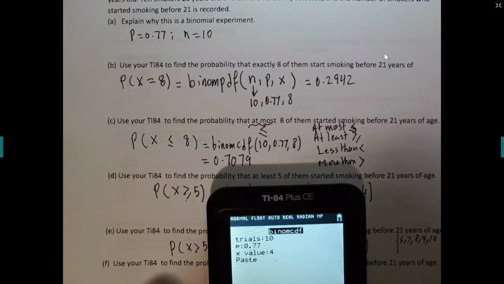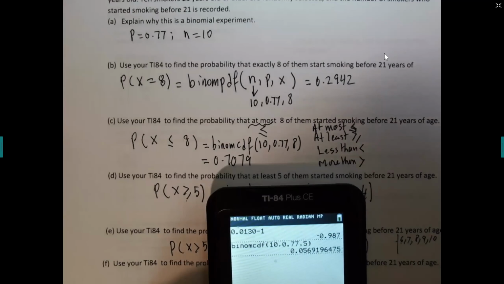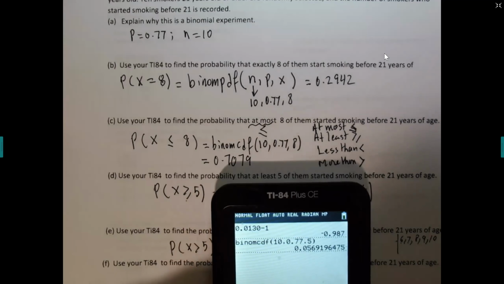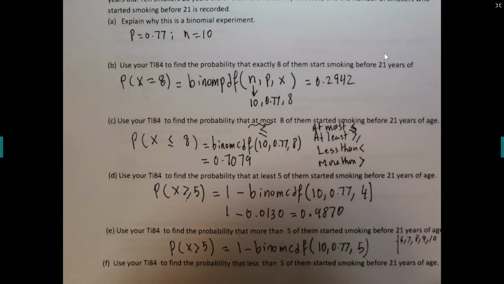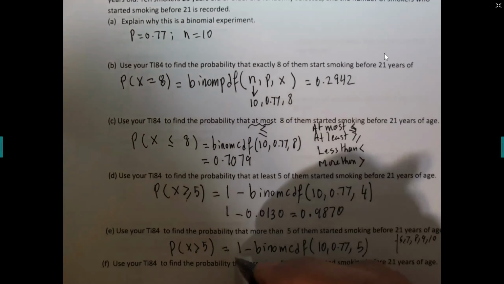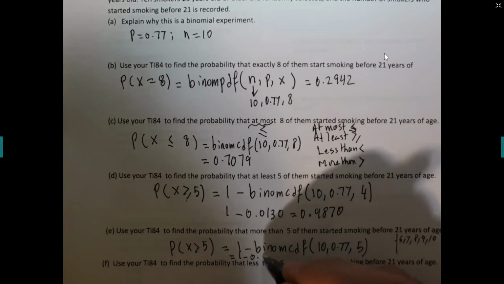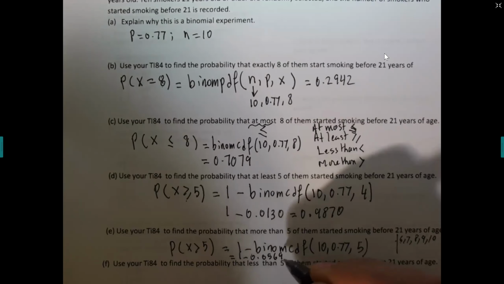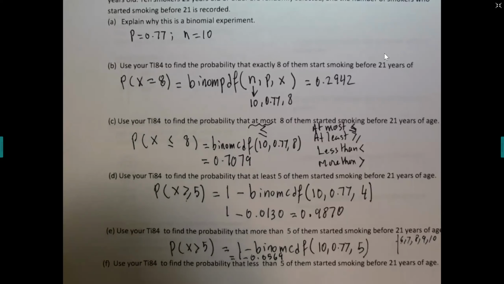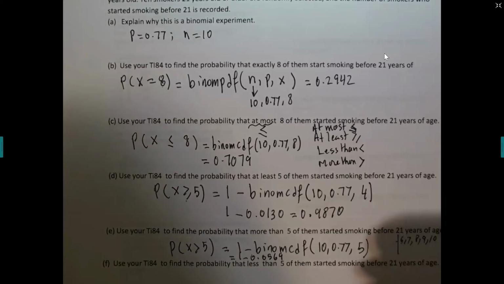I'll just change this to 5. I got 0.0569. Which is 0.9431.